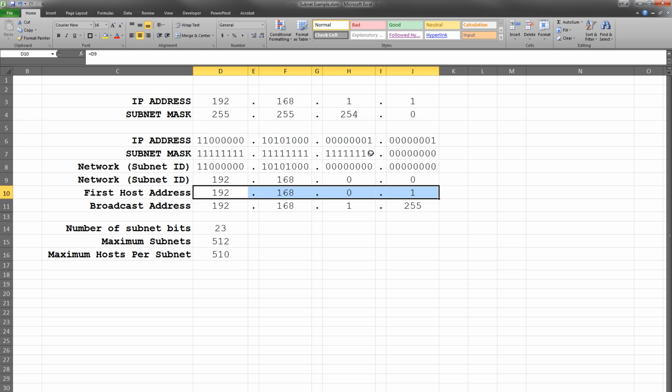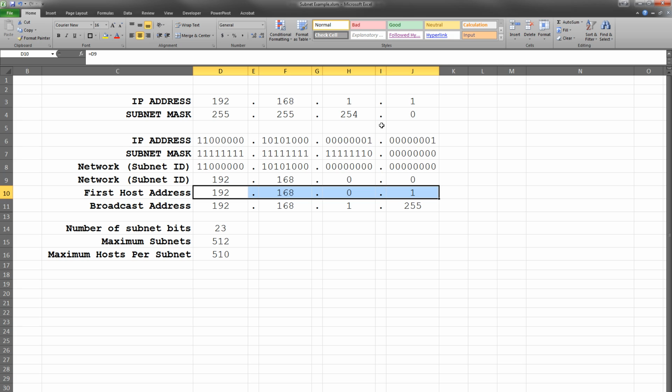And then if we changed only this one portion, this 0 in our subnet mask right here, to a 1, what would be the highest value here? Essentially what you're doing is the opposite of the subnet mask. If you switch all of the 1s to 0s and 0s to 1s, and then add the resulting number to our network address, then here's where we get our broadcast address.